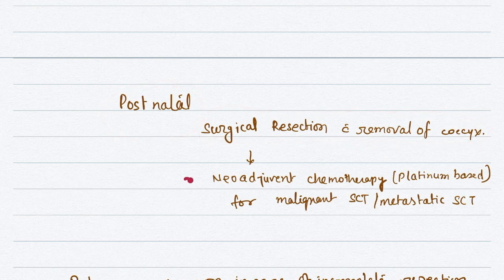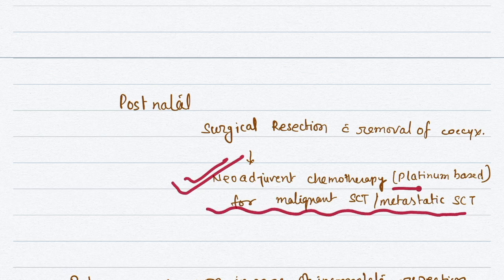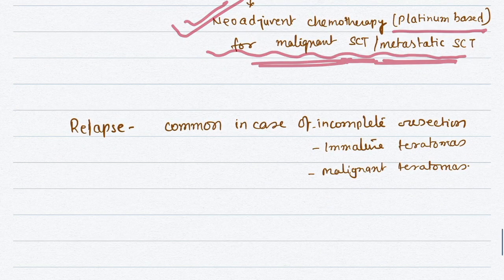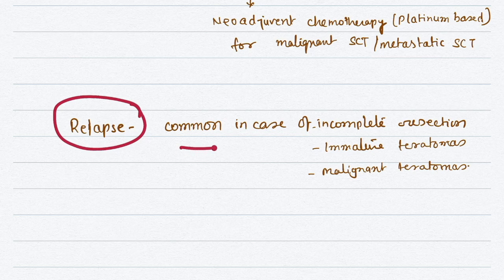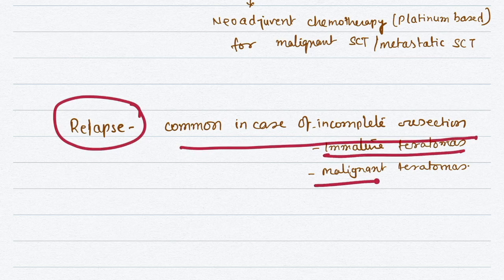If pathological examination shows any malignant component, then neoadjuvant chemotherapy, preferably platinum based like cisplatin, can be used for malignant sacrococcygeal teratomas or metastatic sacrococcygeal teratomas. Relapses are common in case of incomplete resection, immature teratomas, or malignant teratomas.